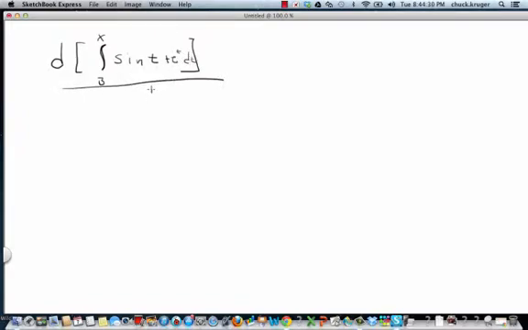The Fundamental Theorem of Calculus says all I have to do is substitute x in, and I get the sine of x plus e to the x. And the students are saying, hey, that's not too bad.